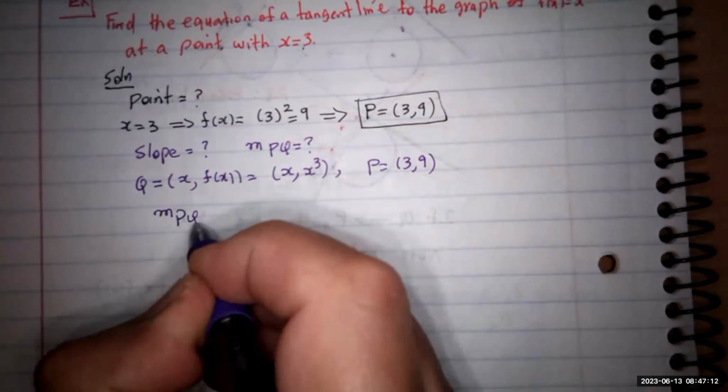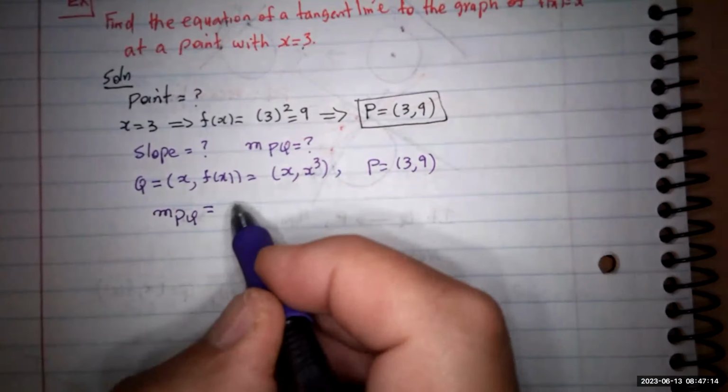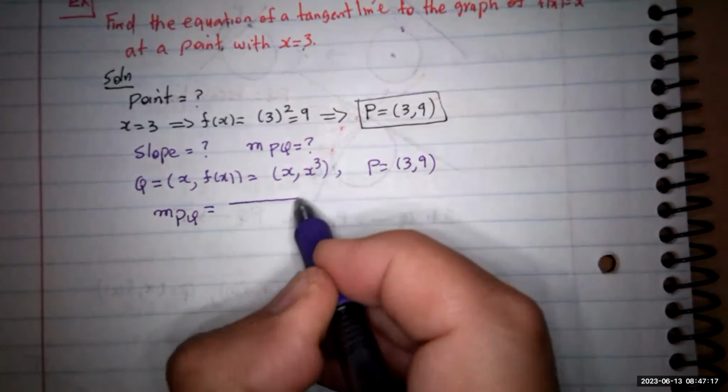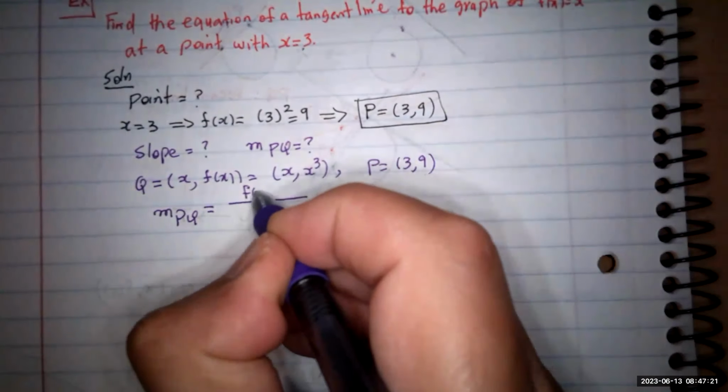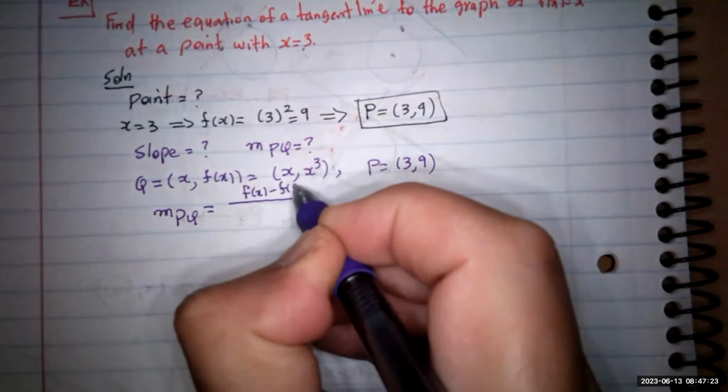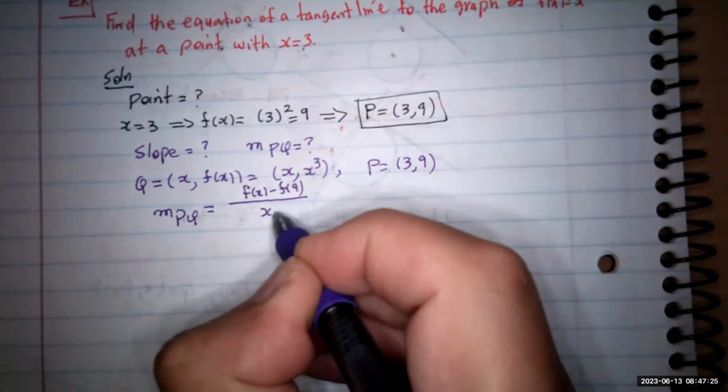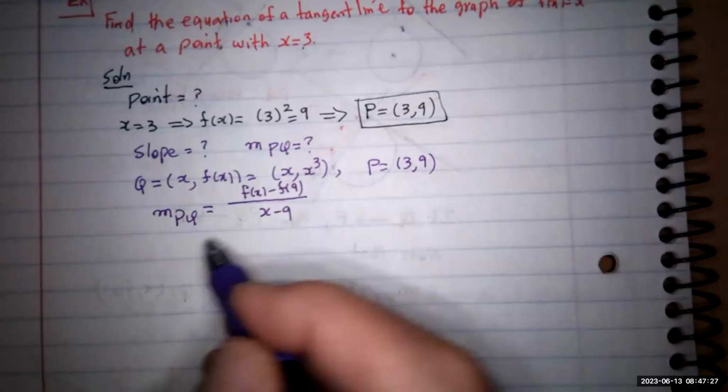m_PQ is equal to y2 minus y1, or in this case, f of x minus f of 3. You have the points, you can write it down, y2 minus y1 if you like.